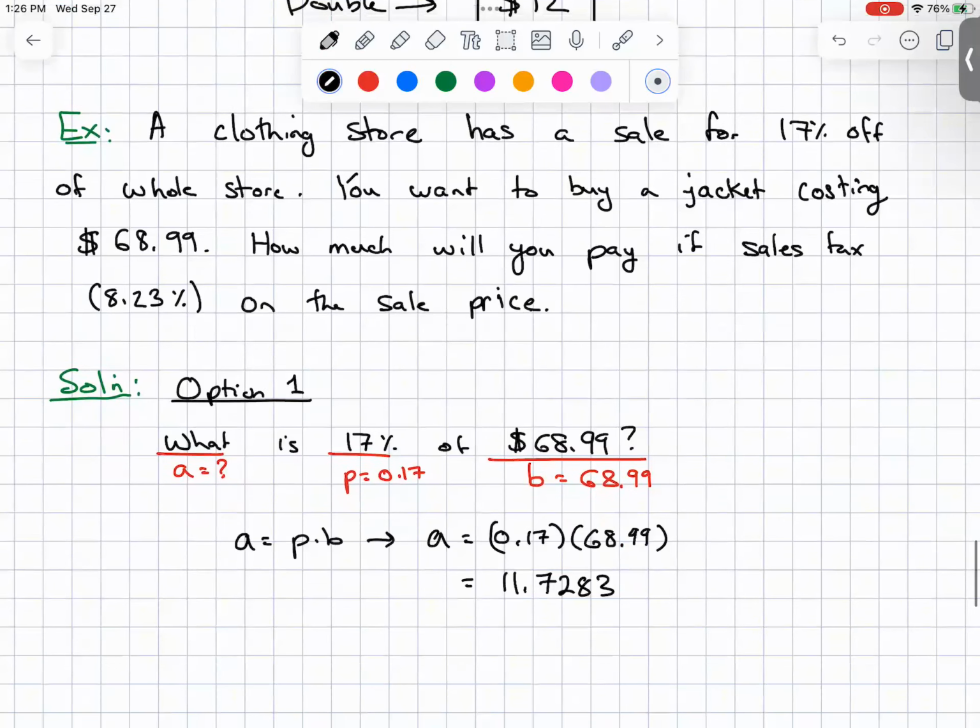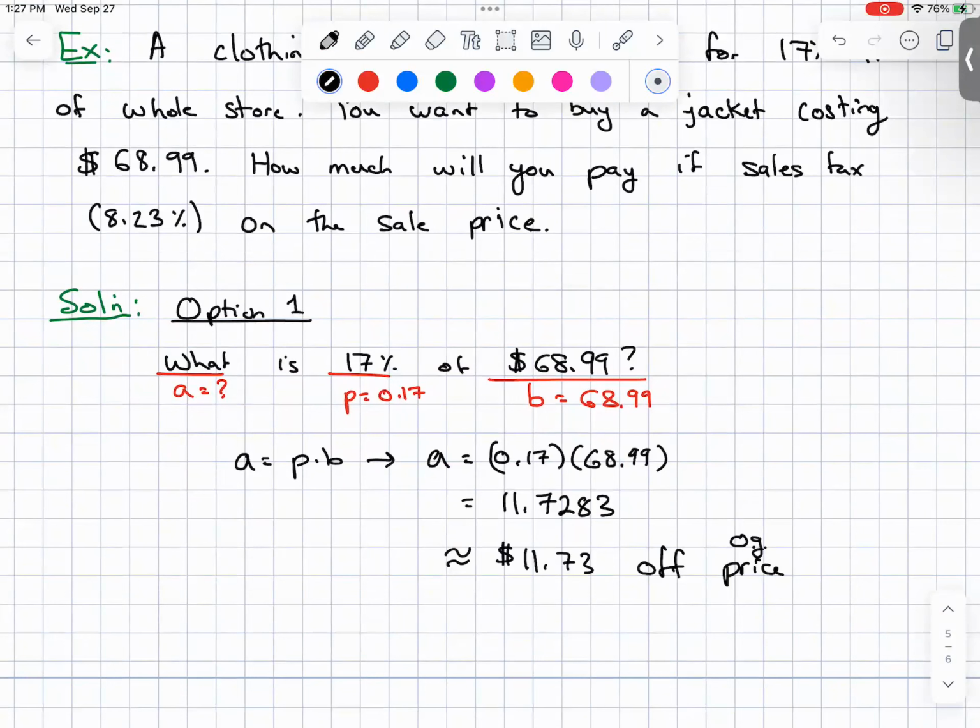11.7283, which is approximately, we'll round to the nearest hundredth because that's cents. I already used that joke, so I can't make it again. $11.73 off the OG price. That's how much was taken off.